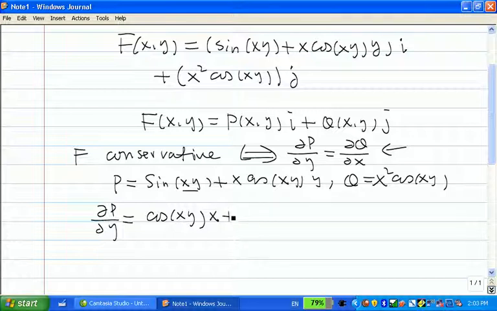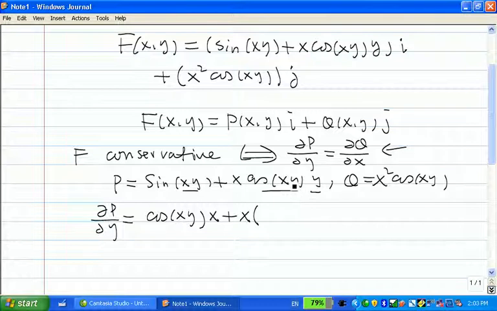Then plus the derivative of the second term. Treating x as a constant, the second term is two functions of y multiplied together, so we can use the product rule. x is a constant, so you can put that out.